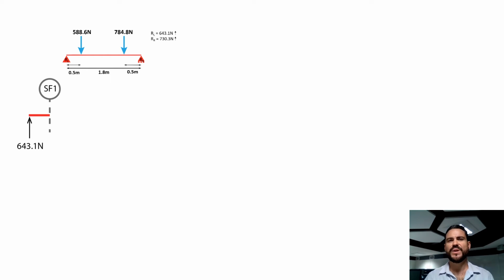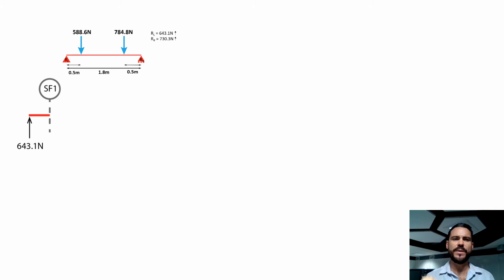All right, so the first step here is you need to start breaking up your system into each of the shear force components, and this is how we represent that. So we've got our reaction 1 acting in an upwards direction, and that's labeled.